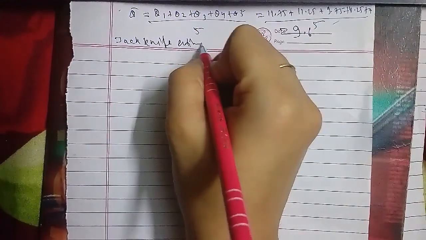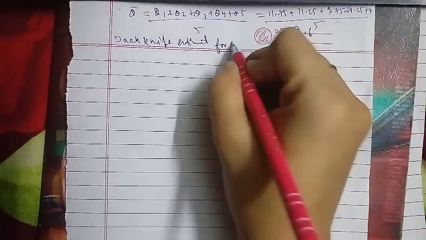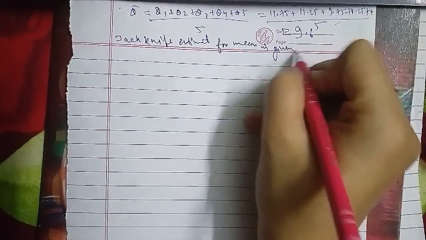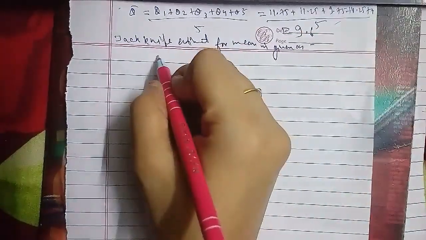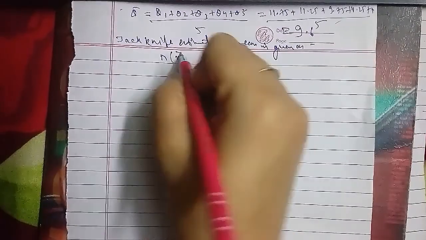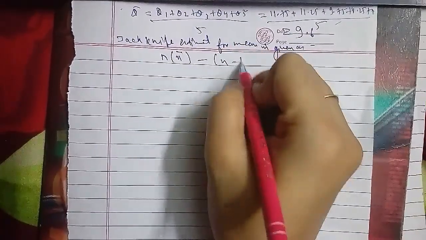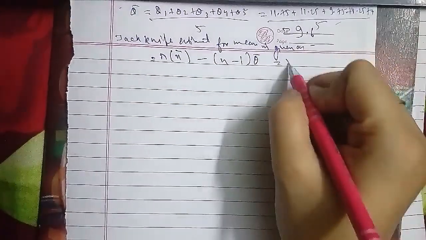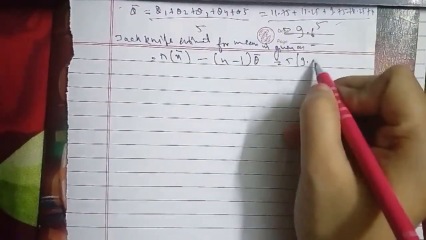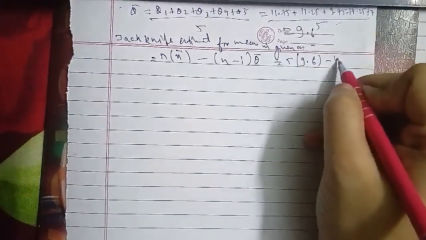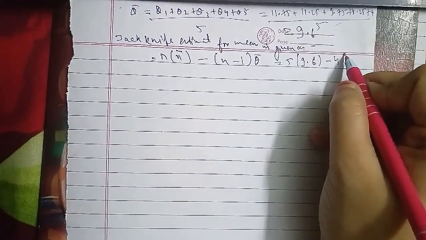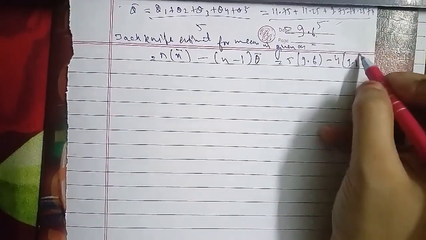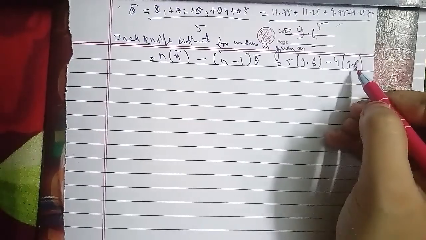So in the same case, we'll get sigma 1 upon 5 of (1 minus 9.6) whole square plus (3 minus 9.6) square plus (9 minus 9.6) square plus (15 minus 9.6) square plus (20 minus 9.6) square.